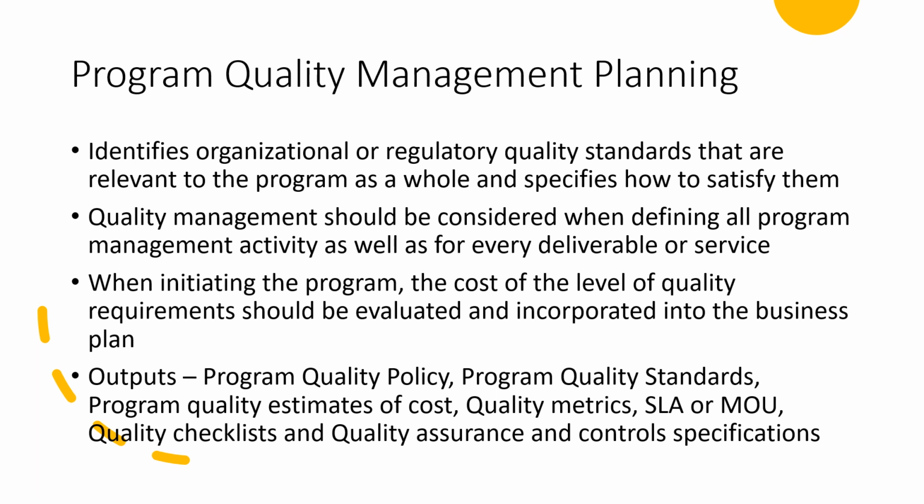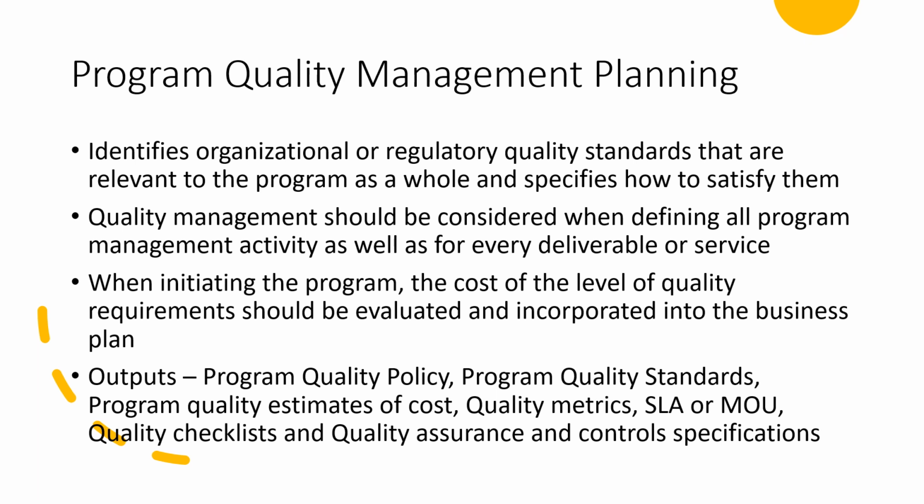So you have to build a QMS specific to your program, which could be a subset of the overall QMS of the organization. Quality management should be considered when defining all program management activities as well as for every deliverable or service. So whenever you are delivering a particular service, software application, or program management activity, you need to consider quality management.